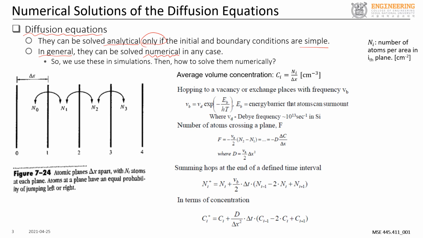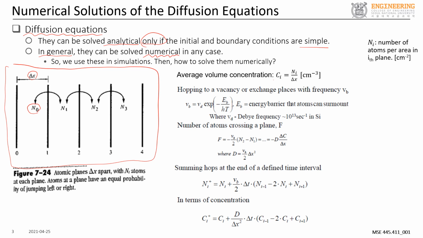So we are going to use a different modeling here. This figure is the medium, and we are dividing this into different regions. The thickness of each region is delta x. You can see that the amount of atoms in those regions is N0, N1, N2, and so forth.